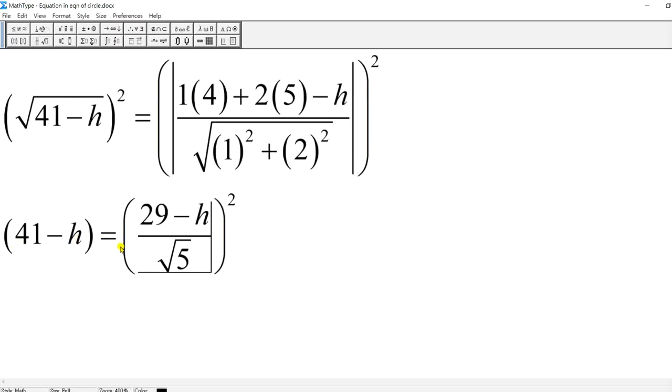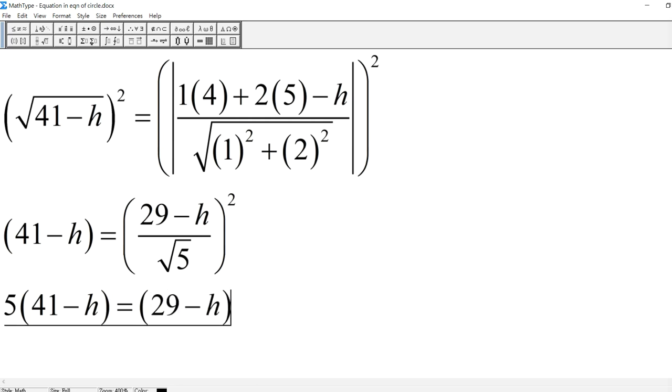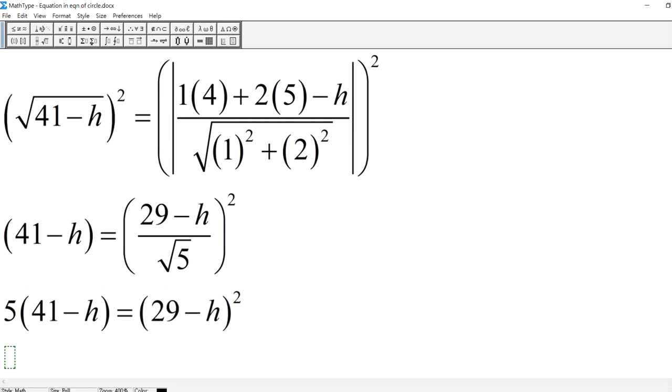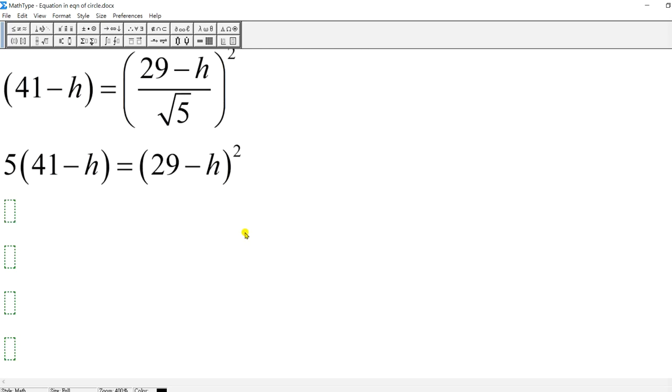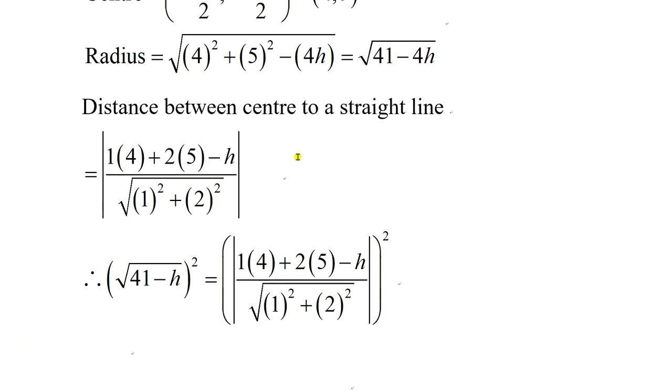41 minus h equals 29 minus h over square root 5, bracket squared. And 5 can be moved to here, 5 times 41 minus h equals 29 minus h bracket squared. And hence, you can do the expansion now. 5 times 41, 205 minus 5h equals, oh sorry, here I made a mistake. Okay, I would like to move back.